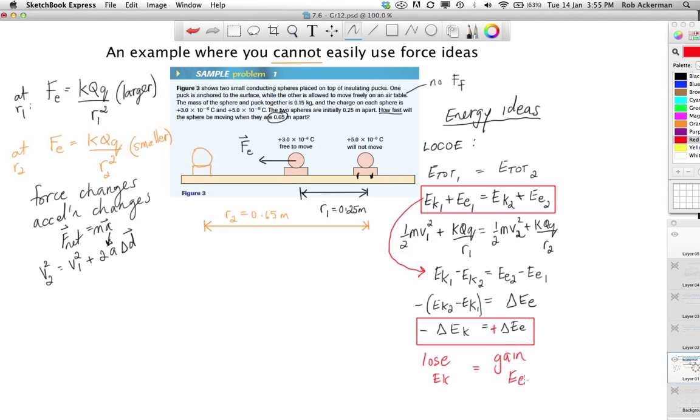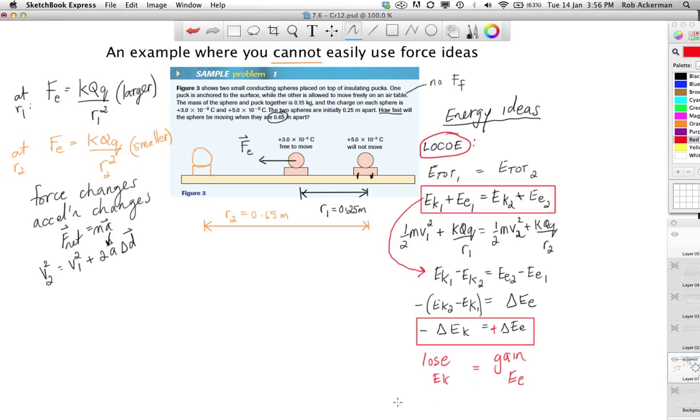Now, this may not seem like a big deal to you. You might be thinking, oh yeah, well that's the law of conservation of energy, which you said you were using. However, keep this in mind because we are going to need this a little bit later on, all right? The loss in kinetic energy equals the gain in electrical energy.